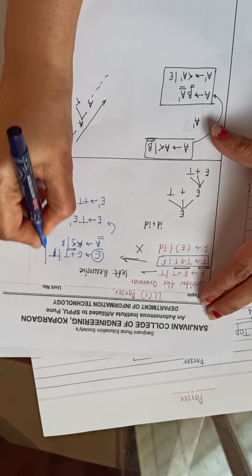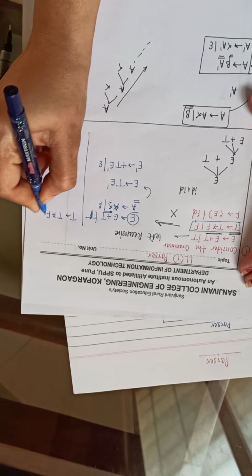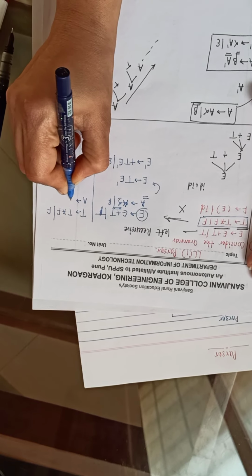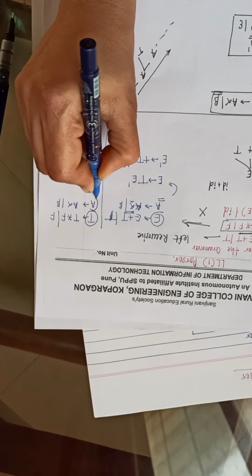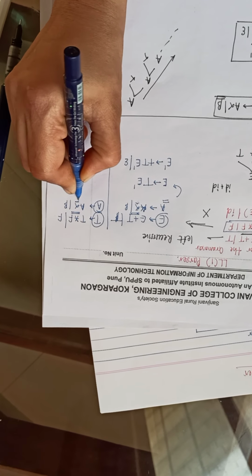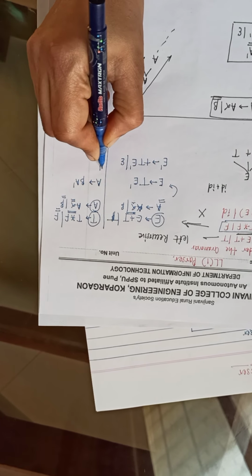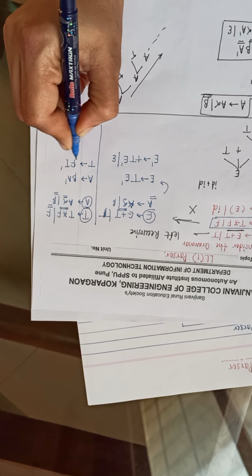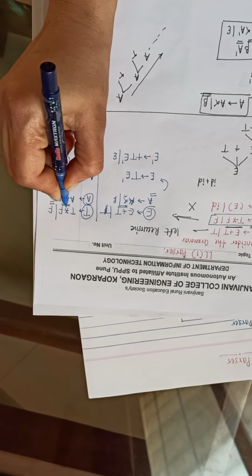Our rule says that T gives T star F or F. If we compare with A gives A alpha or beta, then T is nothing but A, alpha is nothing but star F, and beta is nothing but F. So our rule A gives beta A dash means T gives F T dash. T is the starting symbol. And what is T dash? T dash is alpha A dash, where alpha is star F.